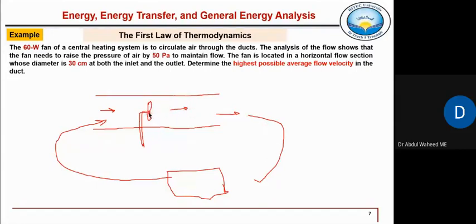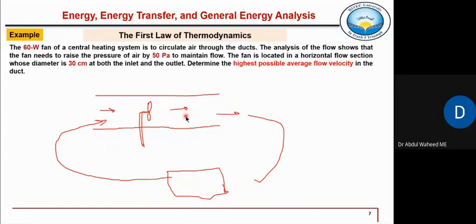The purpose of such fans in a central heating system is to maintain a continuous, constant flow. It means maintaining a constant velocity in the whole system, so there is no change in velocity under steady state operation. Once steady state is achieved, the velocity throughout will be the same. What this fan is doing is increasing the pressure.